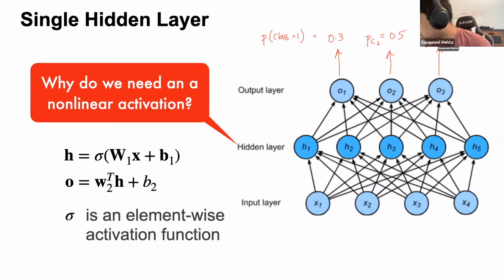Probability of C3 is equal to 0.7. And so you're just going to take the max of this vector, 0.3, 0.5, 0.7, and there I have my multi-class classification. I should say argmax, because it's the argument that we're taking, this class 3, not the value. Remember the difference between argmax and max. But that's about it. Nothing more there.